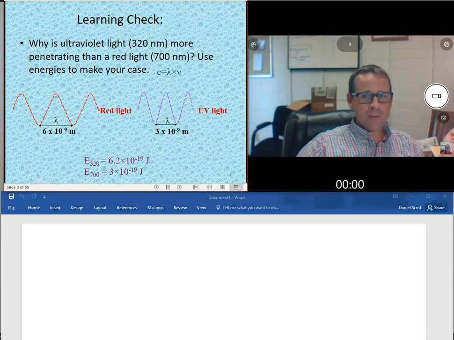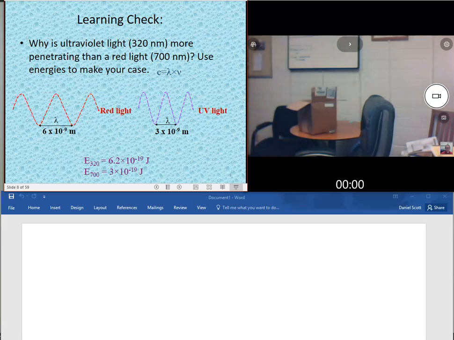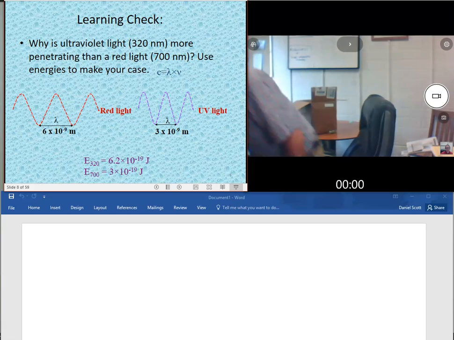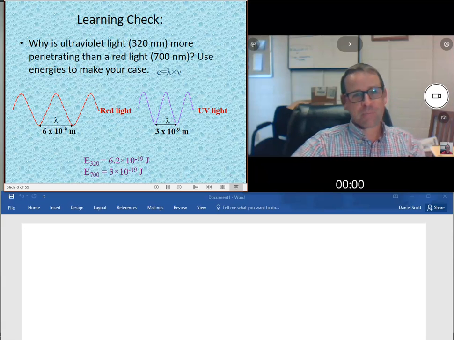We talked about waves having different wavelengths. Okay, so waves and properties.